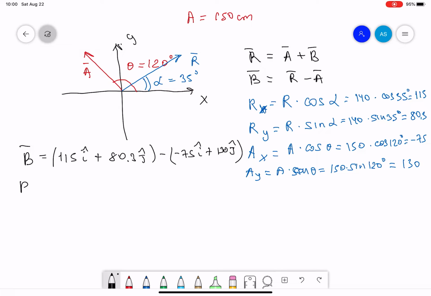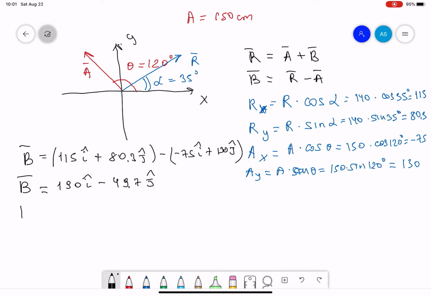If you do the calculation, you should find that your B vector is equal to 190 I vector, because I vectors have to be added to I vectors and J vectors to J vectors, and your J component is equal to minus 49.7 J vector.